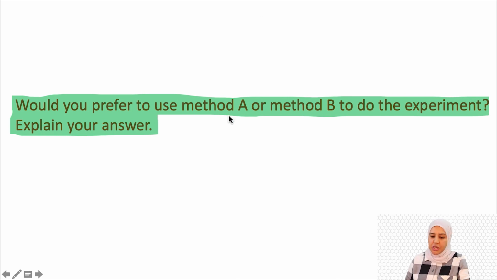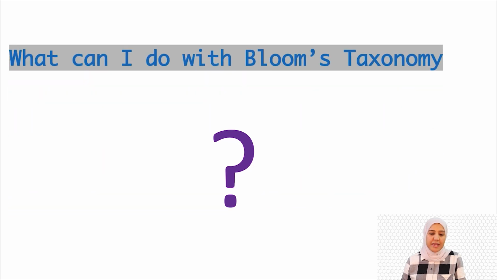The student already knows about method A and method B. So he's going to choose between both, compare and explain. So that's the evaluation. So here is a question to end today's video. What can I do with Bloom's taxonomy?